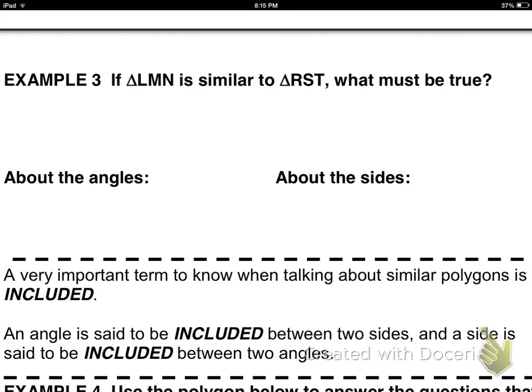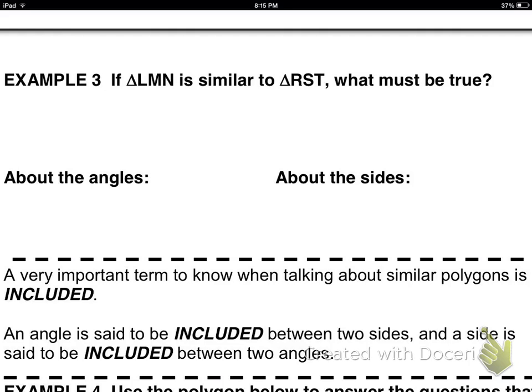Now we can also determine facts about similar figures even though we don't have a drawing or a diagram of the figures. Notice example 3 says if triangle LMN is similar to triangle RST, we're asked to find what must be true.